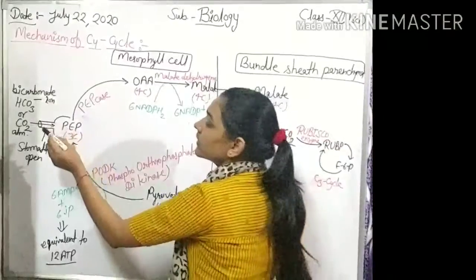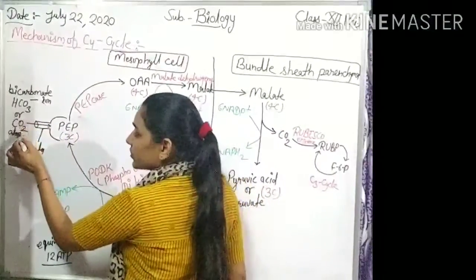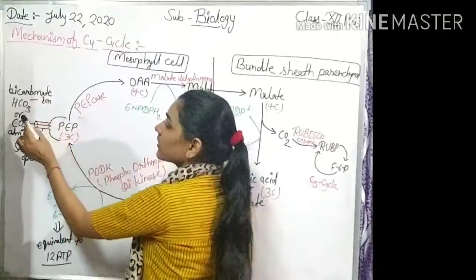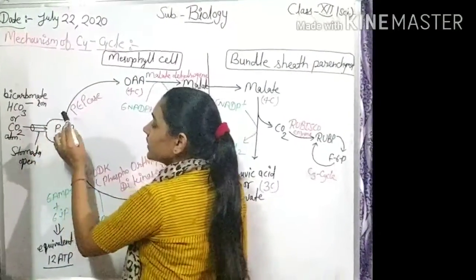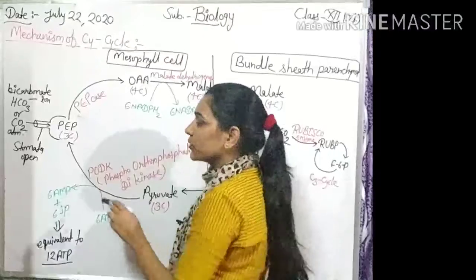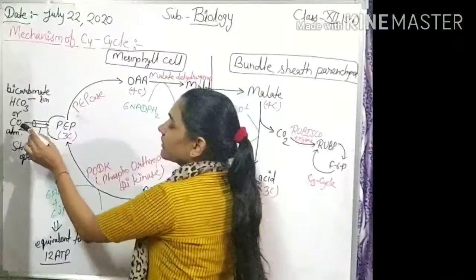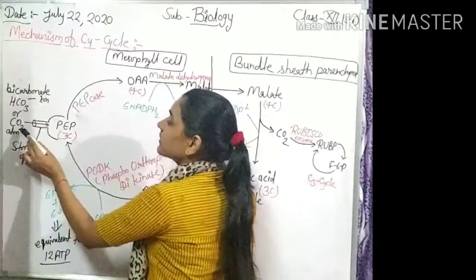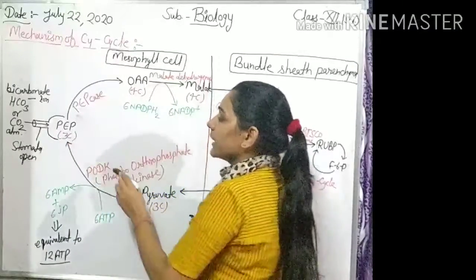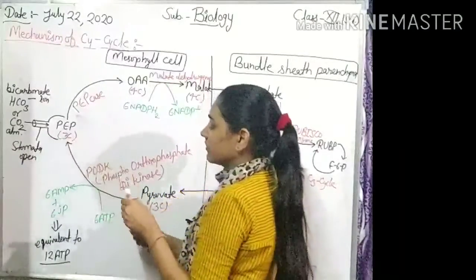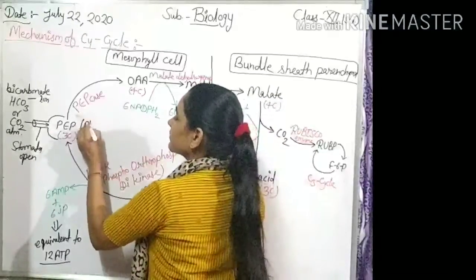let's see. Atmospheric CO2 or bicarbonate ions enter into mesophyll cells through stomata, and this CO2 is received by a 3-carbon compound named phosphoenol pyruvate.